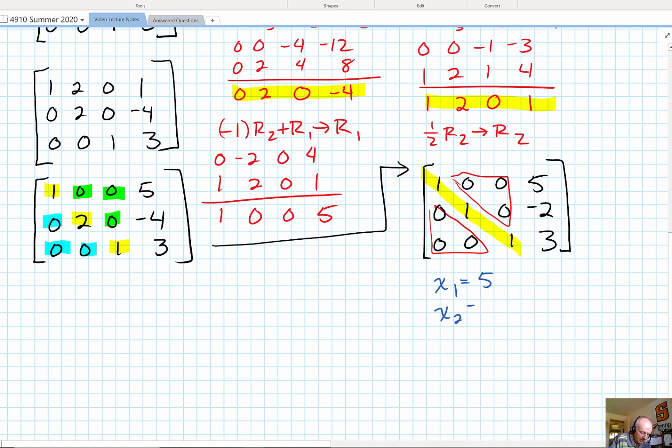We've got our solution staring at us right in the face. Those 3 rows transform into those 3 equations, which are just the solution to the system.